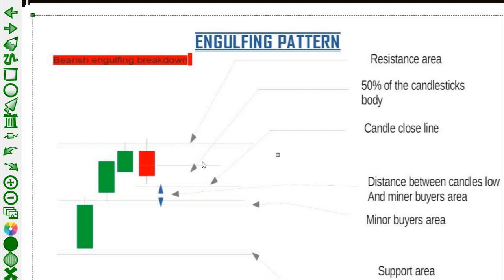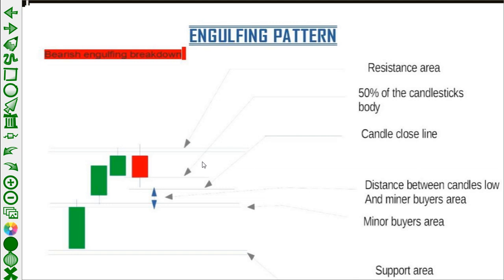And here is a kind of bullish engulfing pattern we need to avoid: if the body is closed below the 50% line of the red candlestick and the length of the wick is more than 30%, say 45%, then we are avoiding this trade.